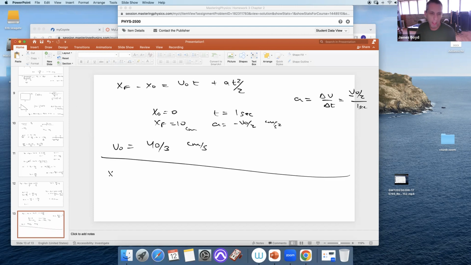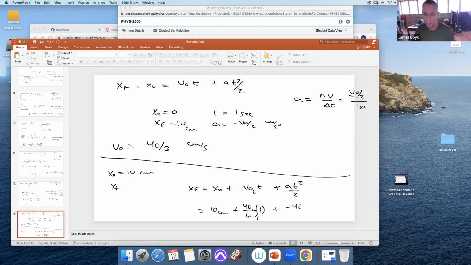In the second part, x initial is now 10 centimeters. And we're going to find x final. So x final is x initial plus V naught for the second part times t, plus a t squared over 2. By plugging these in, x initial was 10 centimeters. V naught for the second part, though, is only half of the original, so 40 divided by 6. T is again 1, so it's centimeters per second.